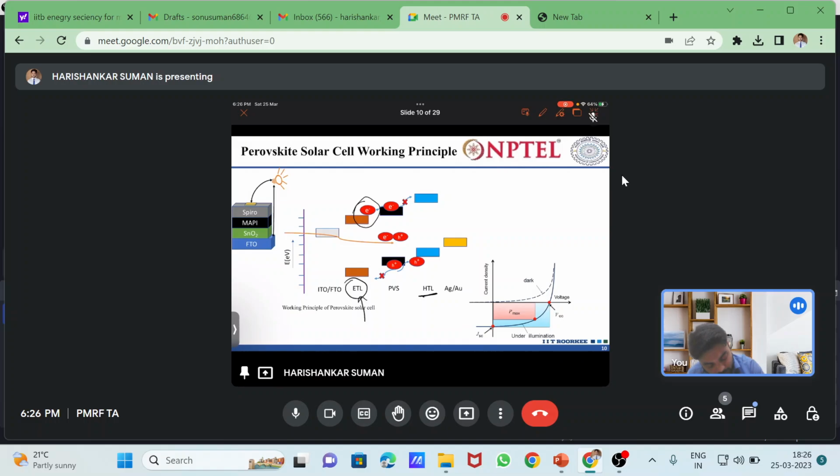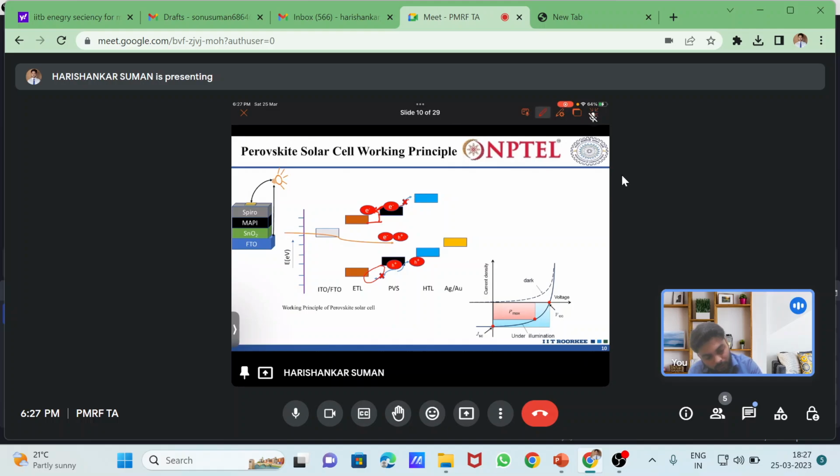What is the role of the electron transport layer and hole transport layer? Let's see. The HTL provides the path for the hole while blocking the electron. Similarly, the ETL provides the path because the conduction band is lower, so the electron easily goes through, but the hole is blocked. The hole energy is higher, opposite to the electron energy, negative and positive.